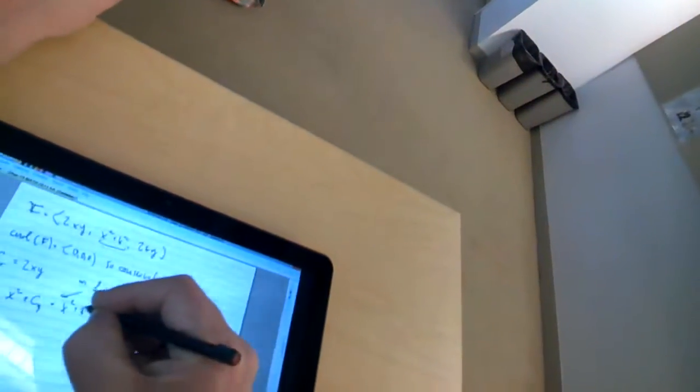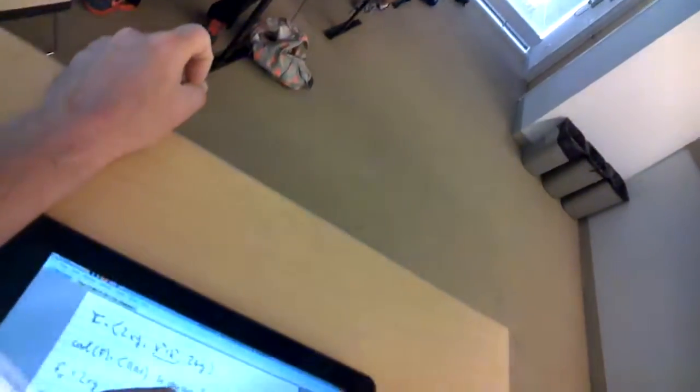Then you take the y derivative of this. The y derivative is going to be x squared plus the y derivative of c, and I want this to be equal to x squared plus z squared. The x's drop out, no coincidence, the x's have to drop out here. But now you know that the y derivative of c is equal to z squared.